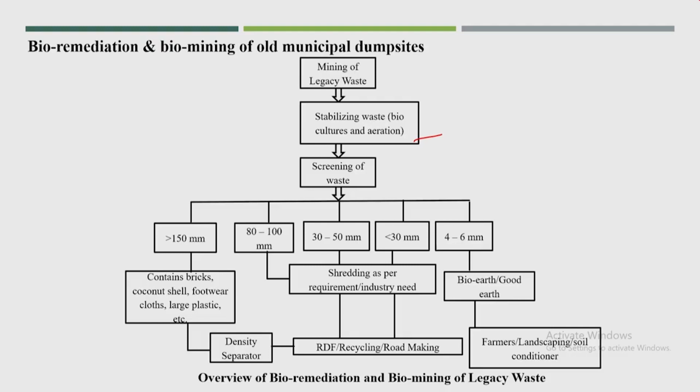Most of the remaining materials could be used for the RDF process or for recycling. Some of the materials of a particular size could also be used for road construction.